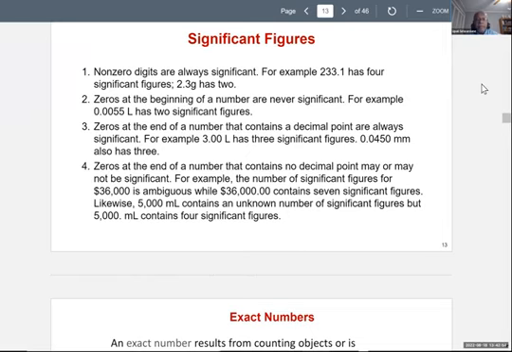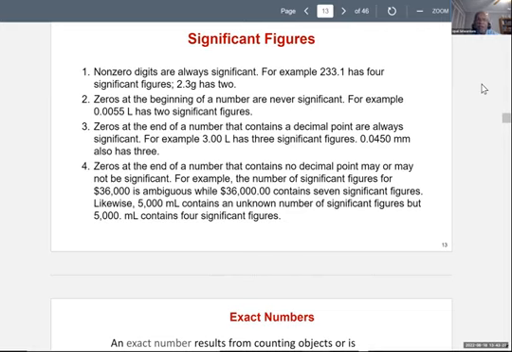Okay, if you take 5,000 milliliters, that's a comma after the 5. Only the first number is significant.